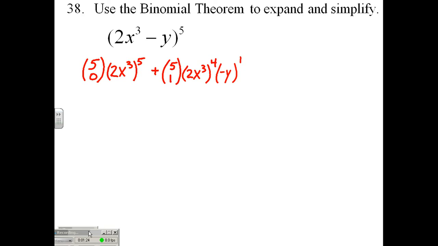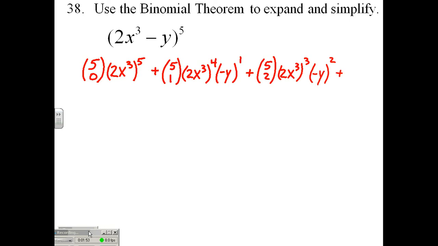Easy enough. And we just continue with this progression. Plus C5, 2 times how many 2x to the thirds? Right, 3. But if I have 3 of these, I need to have 2 of these. So I need 2 of my negative y's.